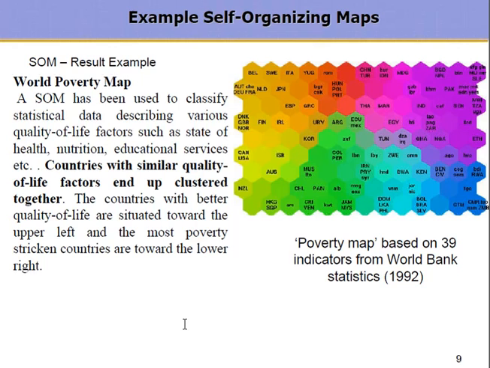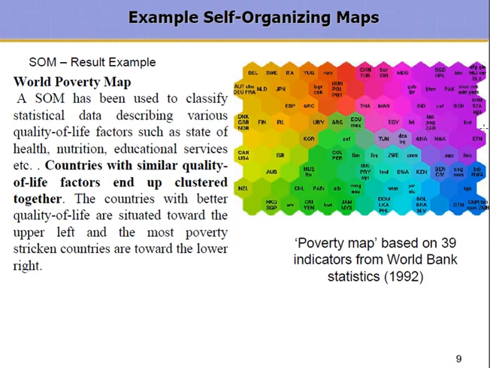So all the countries which have similar characteristics related to health, nutrition and other services are formed in clusters which are very similar or closer to each other. The countries with better quality of life are situated towards the upper left corner.